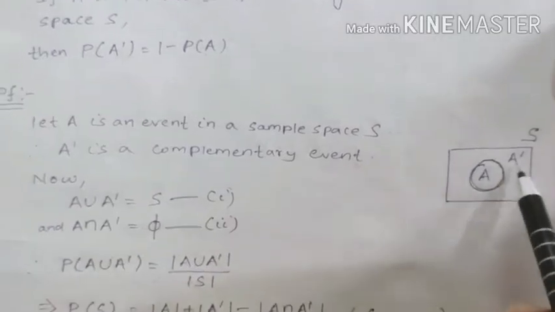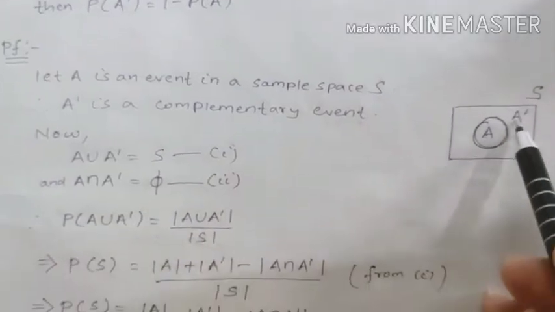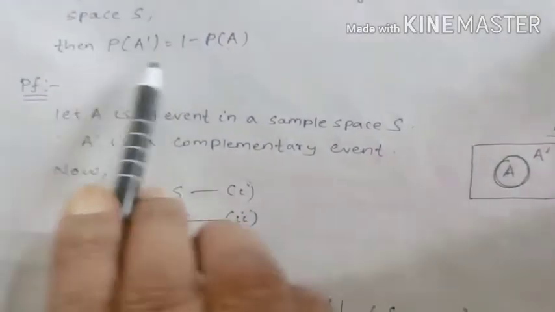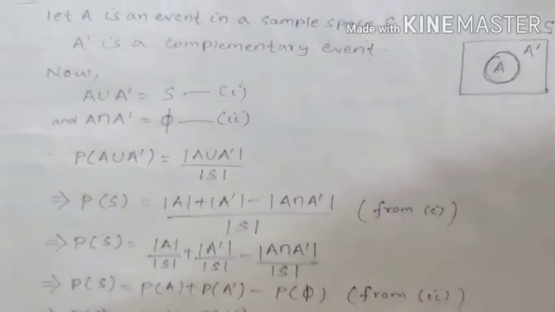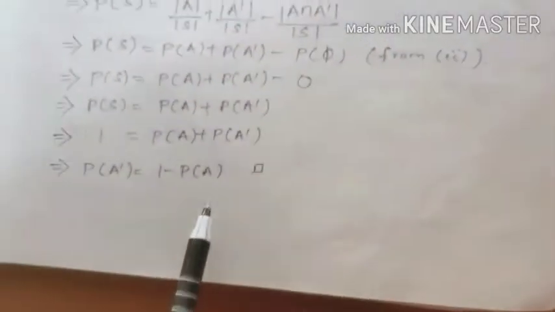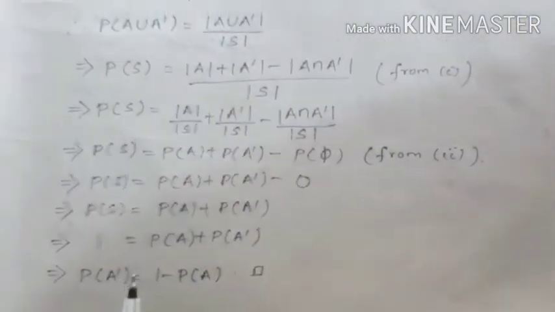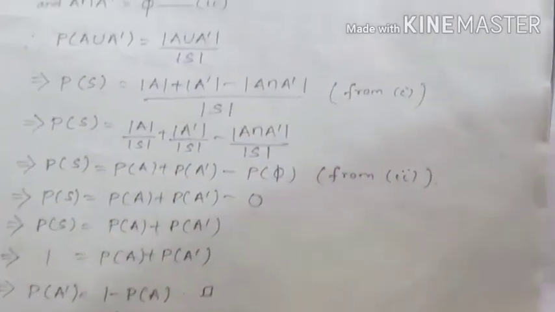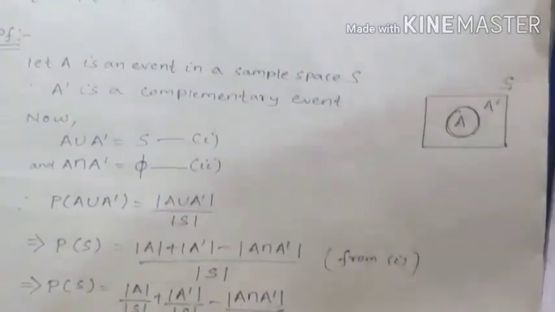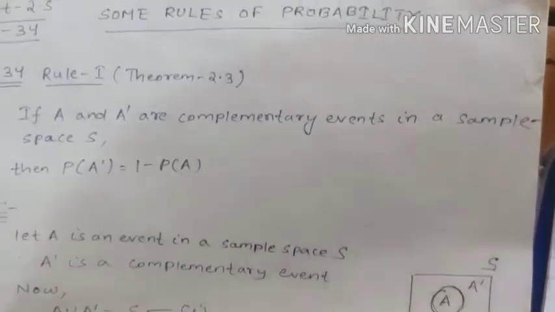A dash means the complement of A, and so P of A dash equals 1 minus P of A. The proof is very simple, just remember it. This is a very important proof. I will not describe it here, but you can see the proofs in my notes.